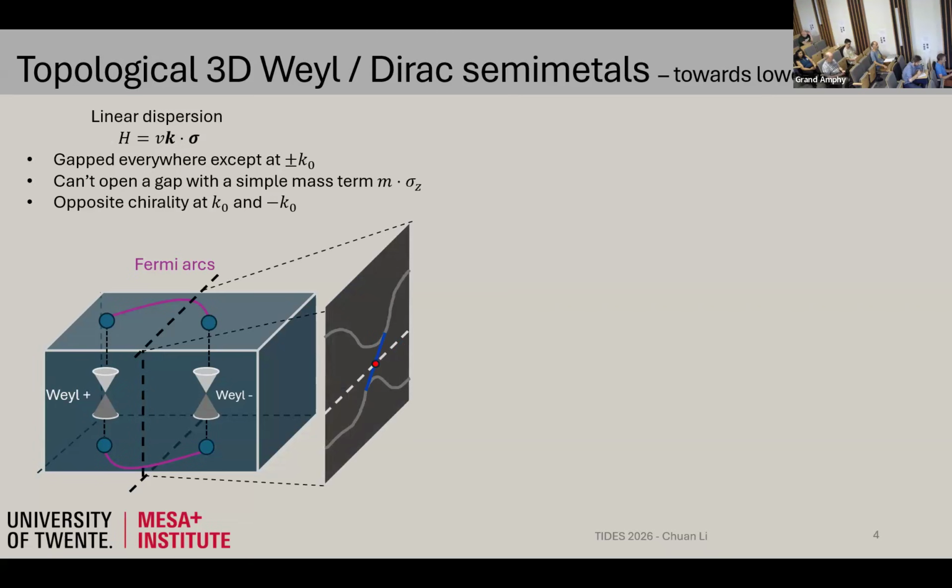This naturally forms so-called Fermi arcs when you project two Weyl cones to the surface, and by having such a cut in between the two separated Weyl cones, you can get a very similar topological state at the surface. Of course, you can see the difference is that they have to go from one surface to another surface.